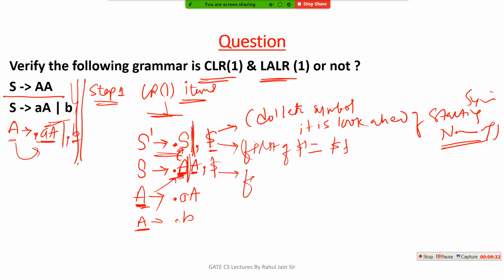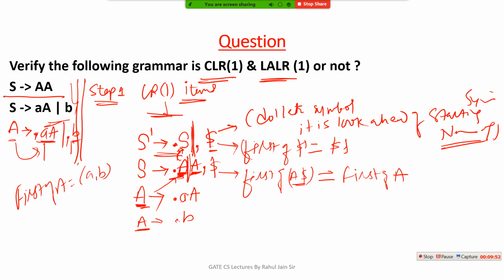So what is first of A dollar? First of A dollar is nothing but first of A. So what is first of this A? First of A is nothing but a and b. So the look ahead of this A would be a and b, because these A are the same.